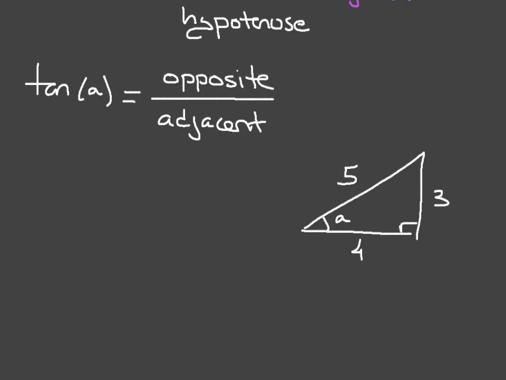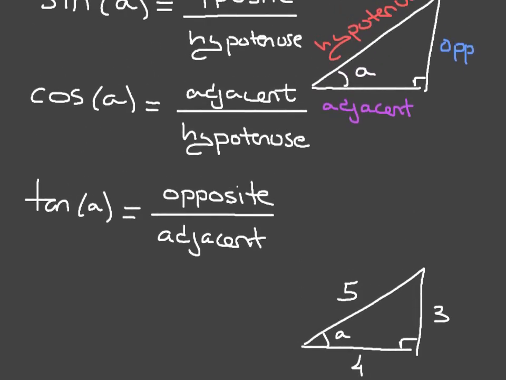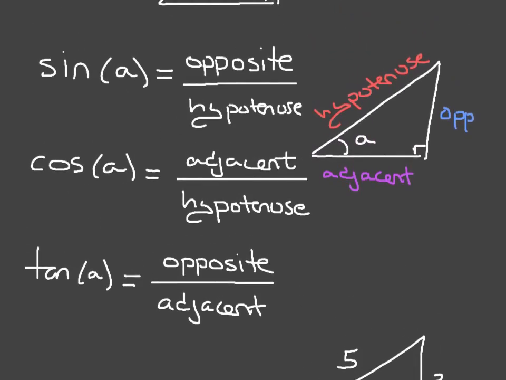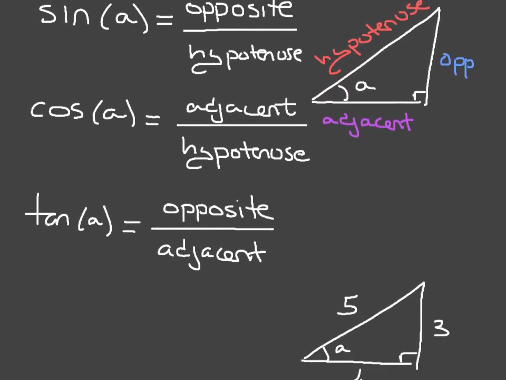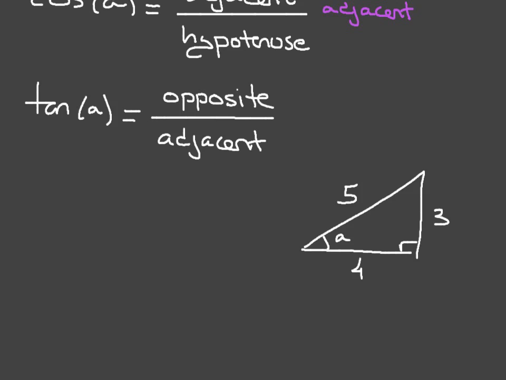Now in this case, using the trigonometric ratios we just saw, we could say that sine of A, which is equal to the opposite divided by the hypotenuse, would be equal to 3 over 5, which is equal to 0.6.